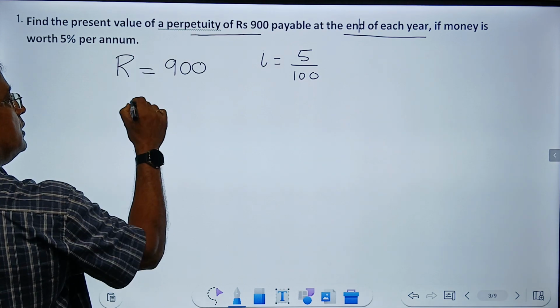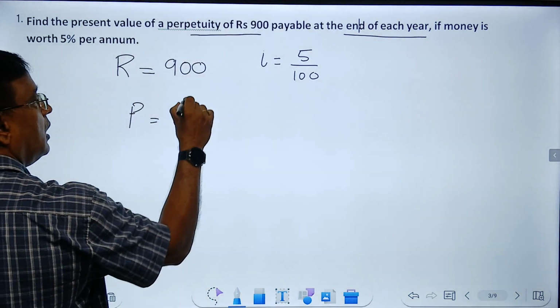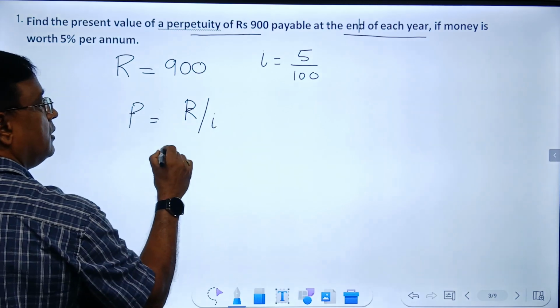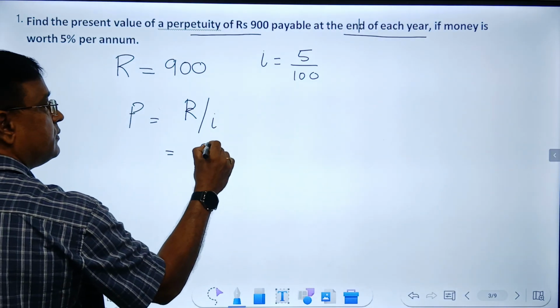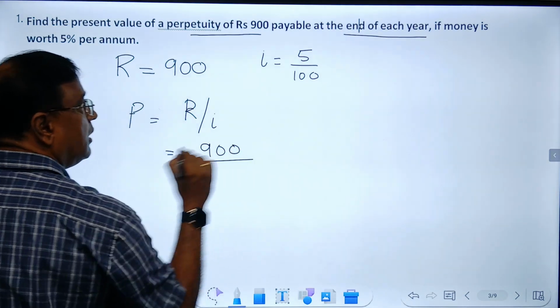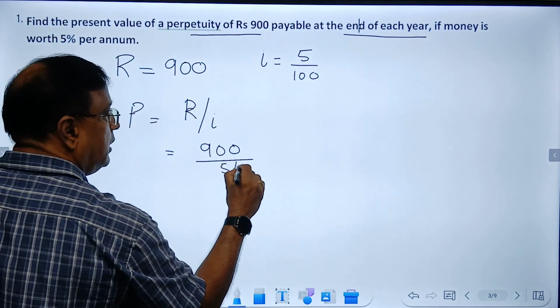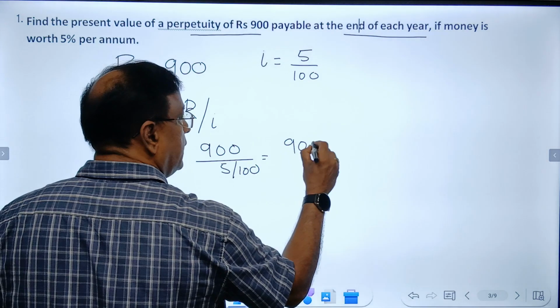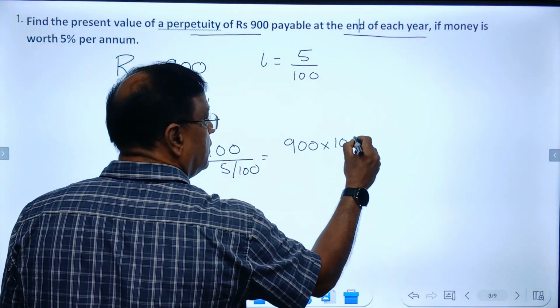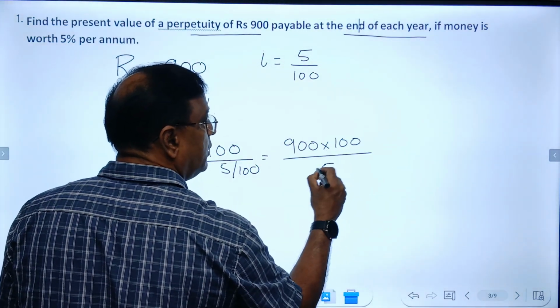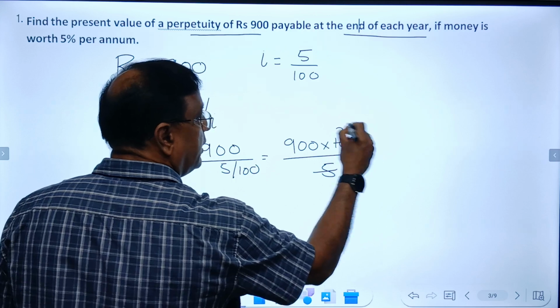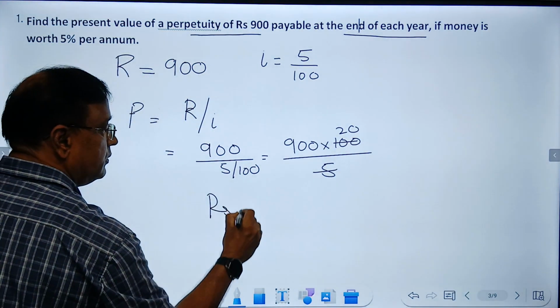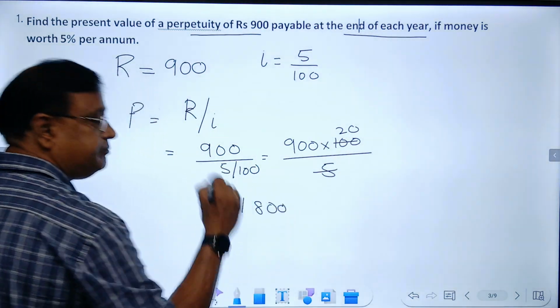The present value formula is R by I. R is 900 and I is 5 by 100, which is nothing but 900 into 100 divided by 5. 5 goes 20 times. So the present value is 1800.